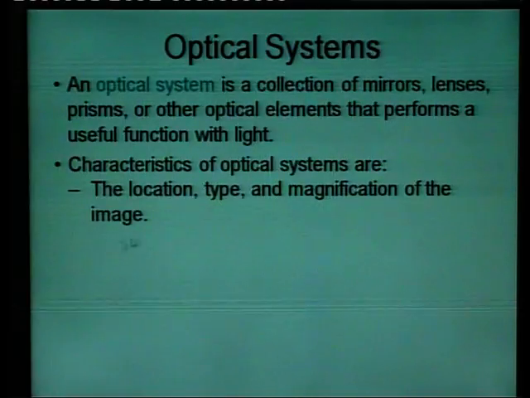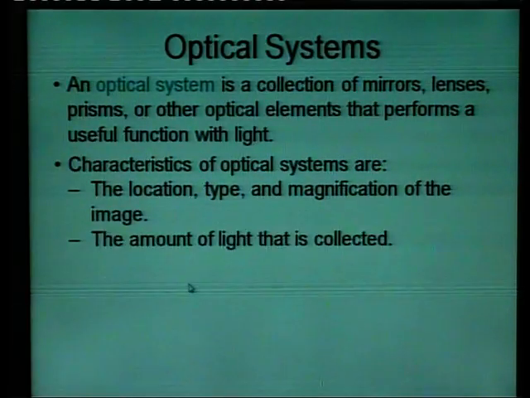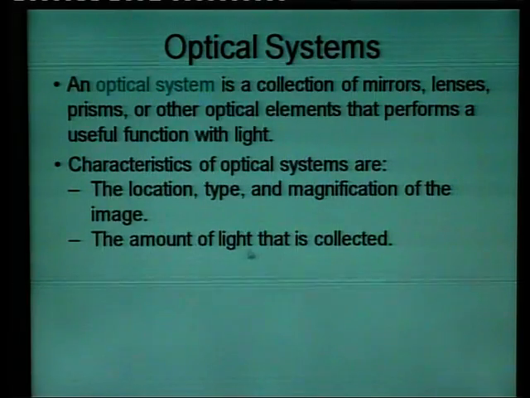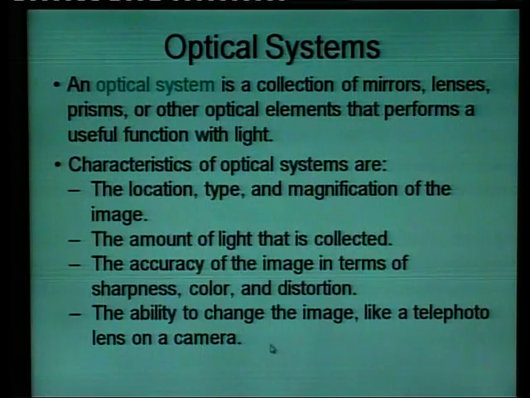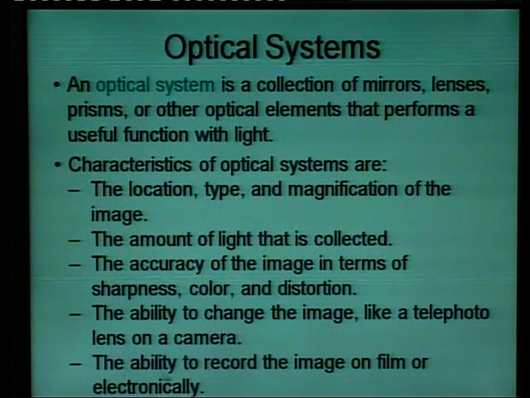Characteristics of an optical system are the location, type and magnification of the image produced, the amount of light that is collected, the accuracy of the image in terms of sharpness, color and distortion, the ability to change the image like a telephoto lens on a camera, and the ability to record the image on film or electronically. So these are all characteristics of an optical system.